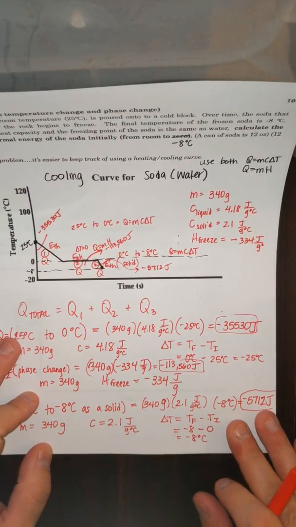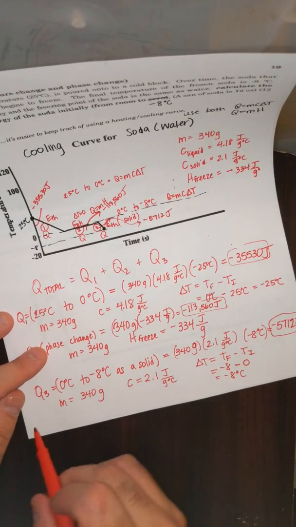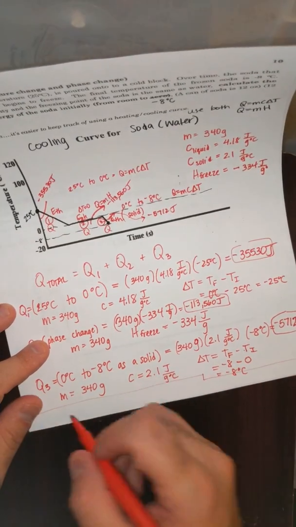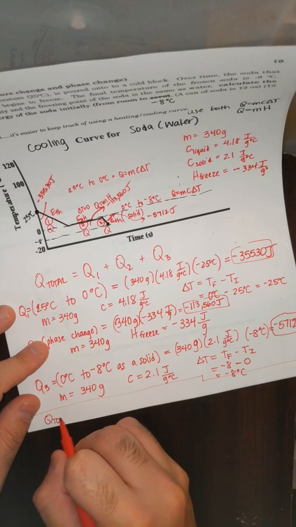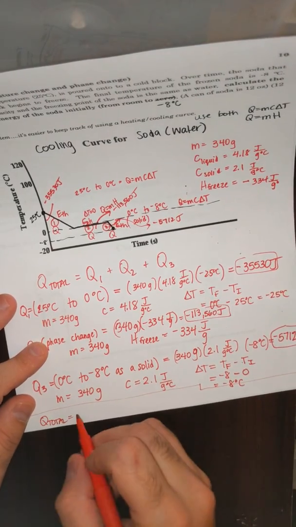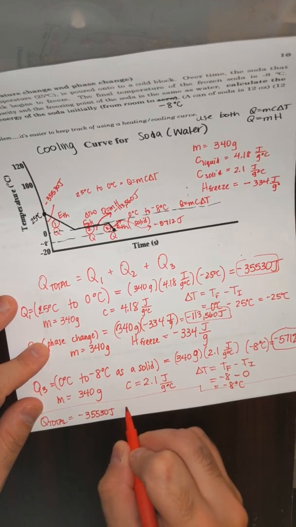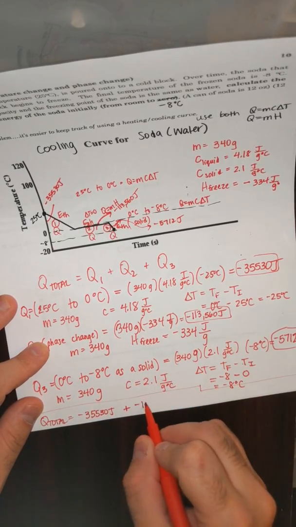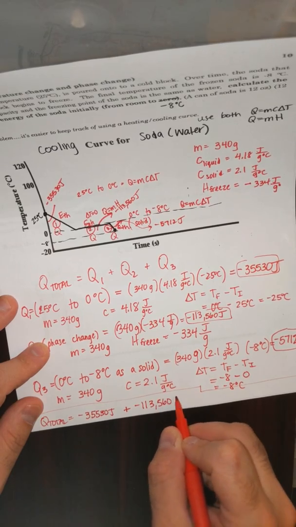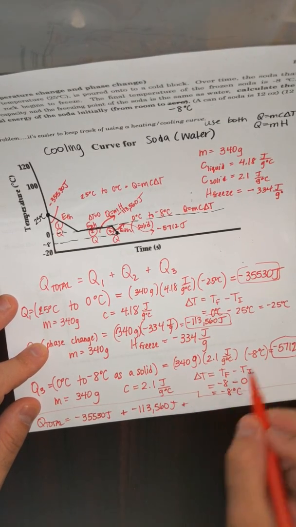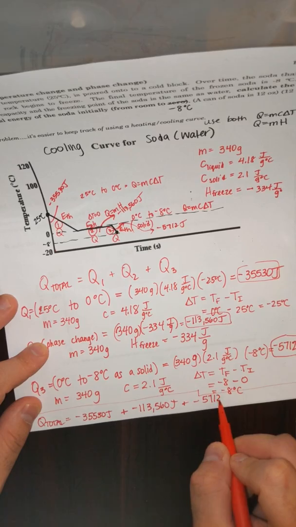Now, if I want the total energy, guess what I'm doing with these three numbers? I'm going to add all of them together. And I'm going to try and squish this down at the bottom here. Q total is going to be equal to negative 35,530 joules plus negative 113,560 joules plus negative 5,712 joules.